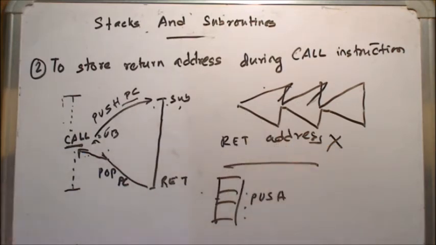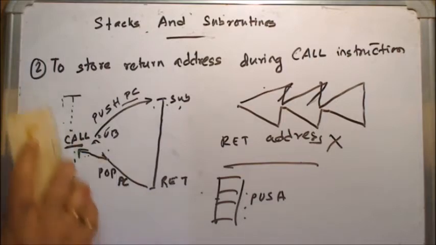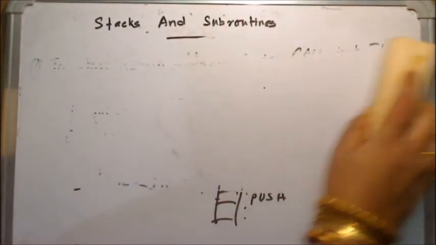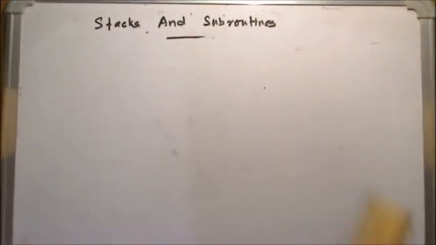So if you push 1 2 3 4, you will get 4 3 2 1 back. This is the second use of your stack: to store the return address during a call instruction. I hope this is clear. This was just a recap.